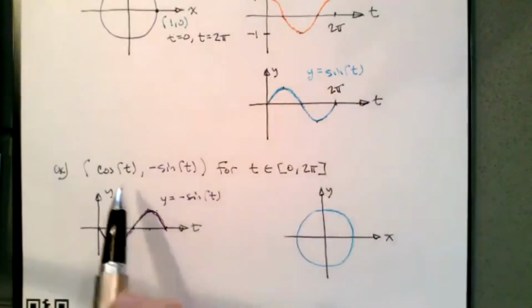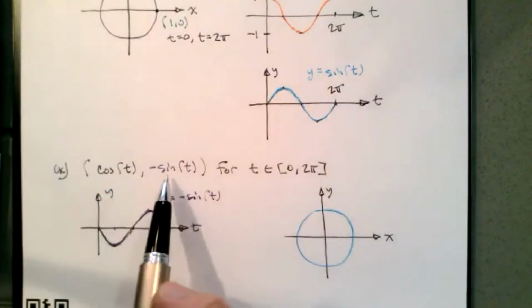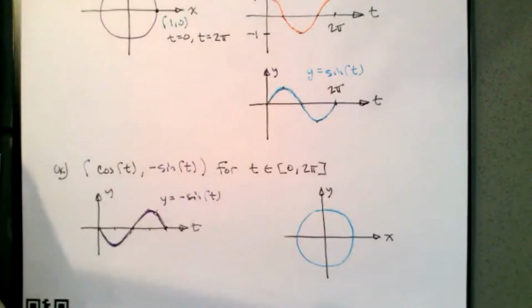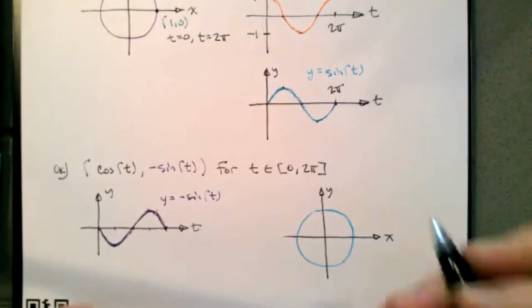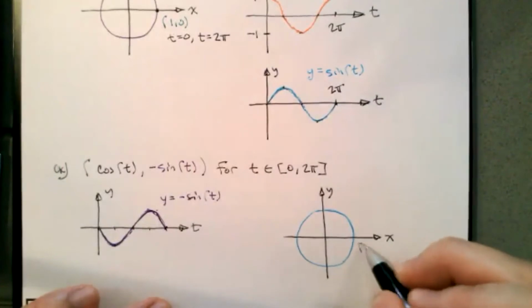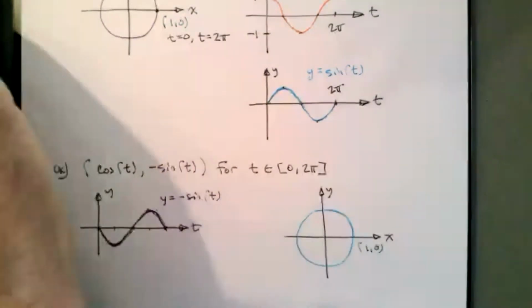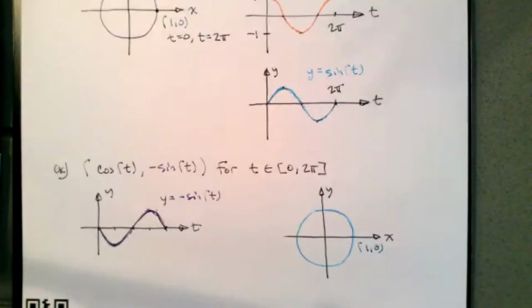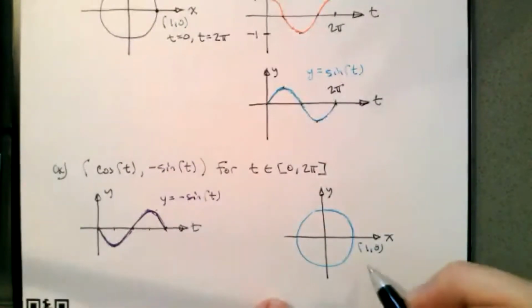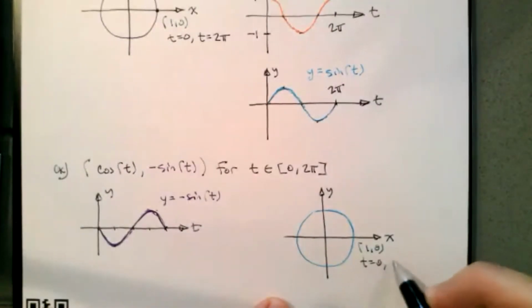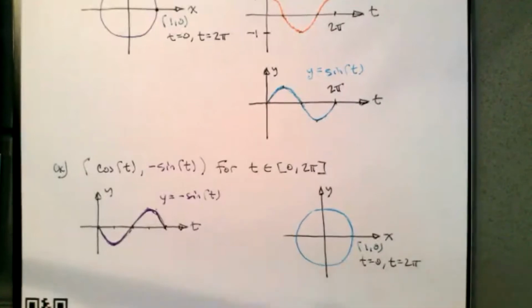When t is equal to 0, cosine of 0 is 1, and negative sine of 0 is still 0. So we still start at the point (1, 0). That'll still happen when t is equal to 0 and when t is equal to 2π. In the x direction, we still start off at 1, go down, and then back up again.